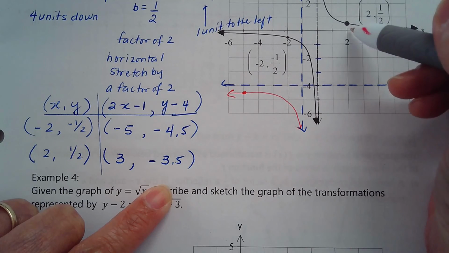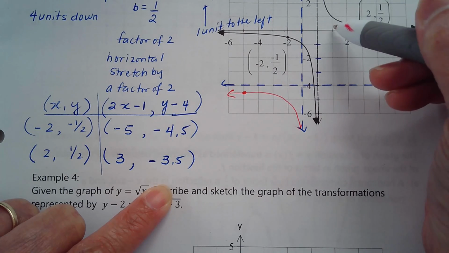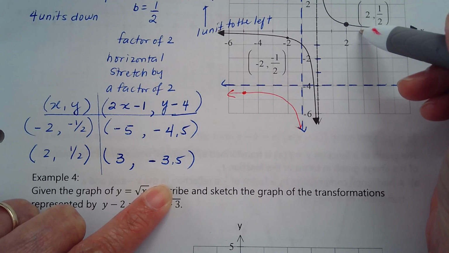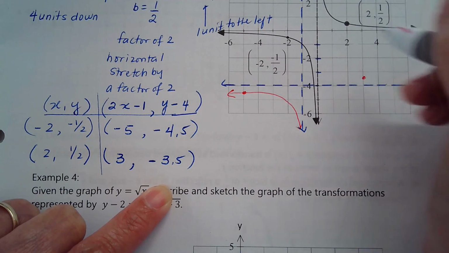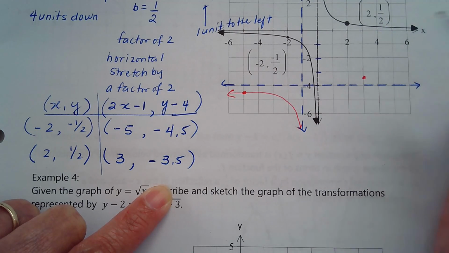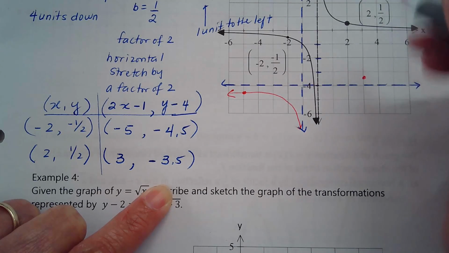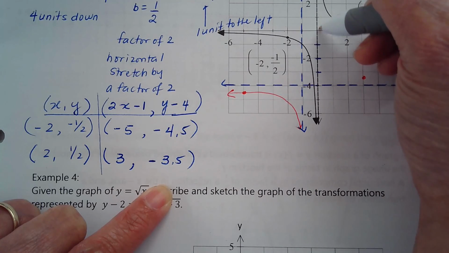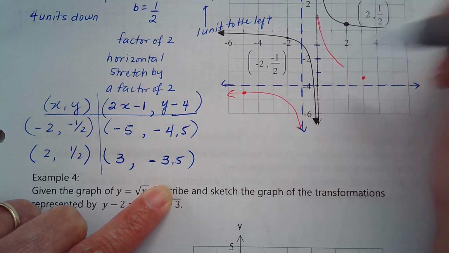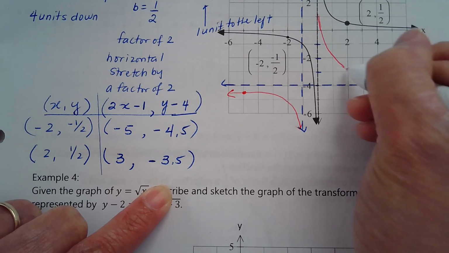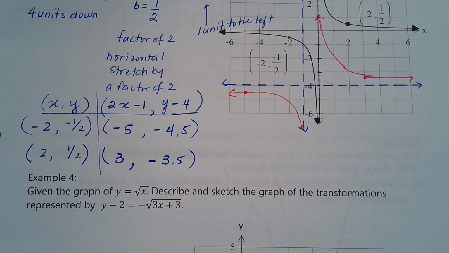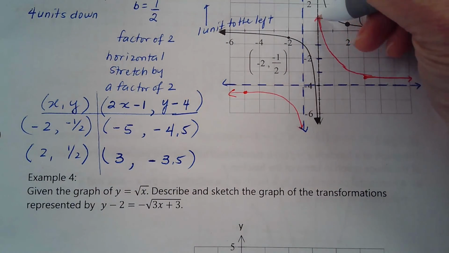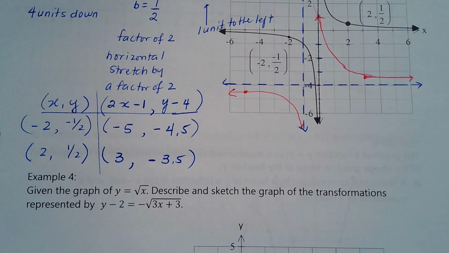So 1, 2, 3, -3.5. So the graph now looks like that. Good? We'll eventually get closer and closer to that asymptote. Yes? You okay?